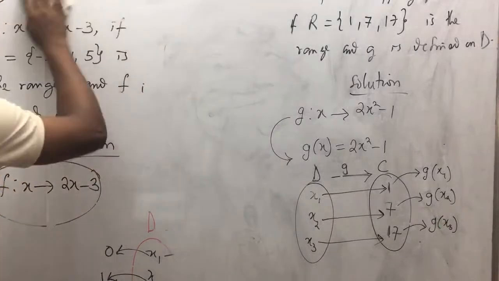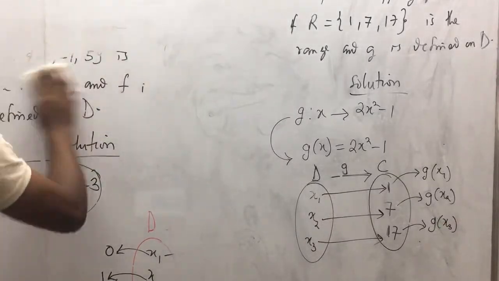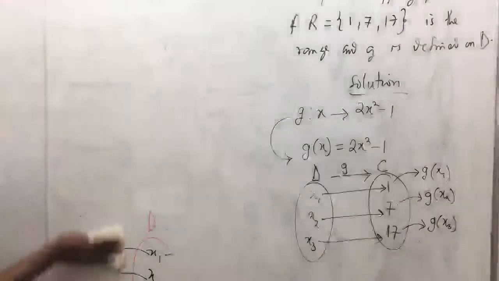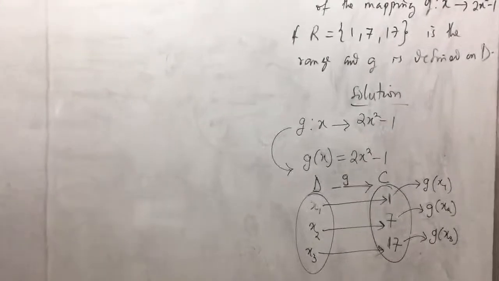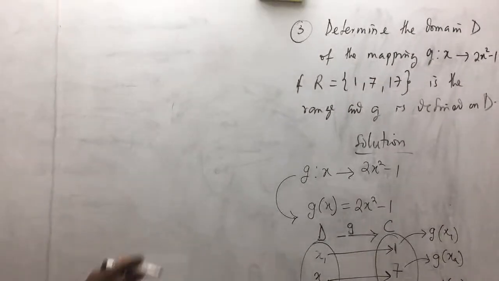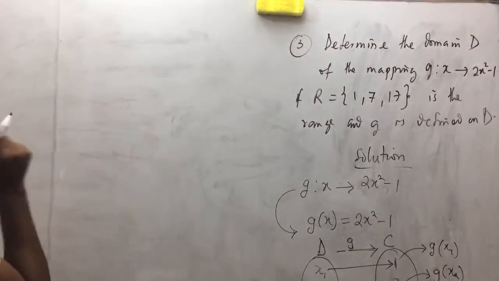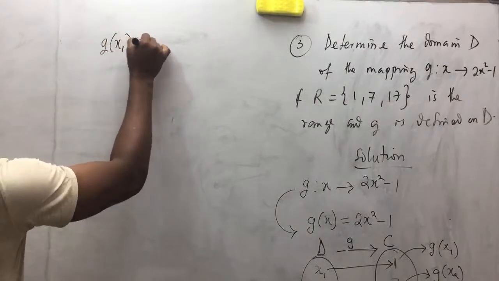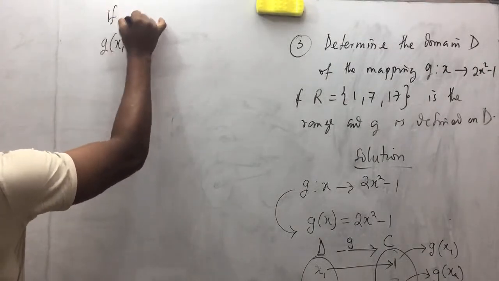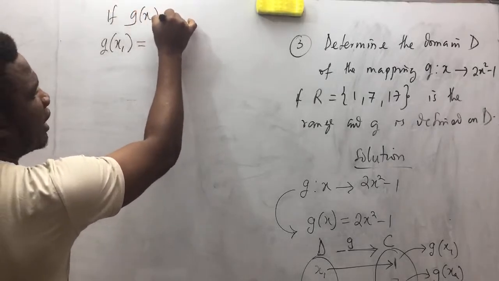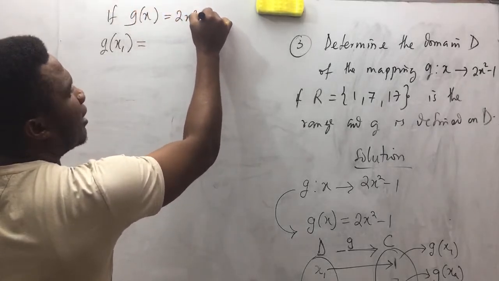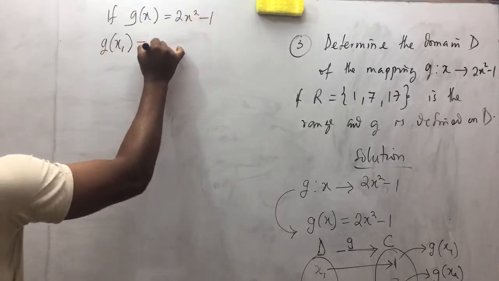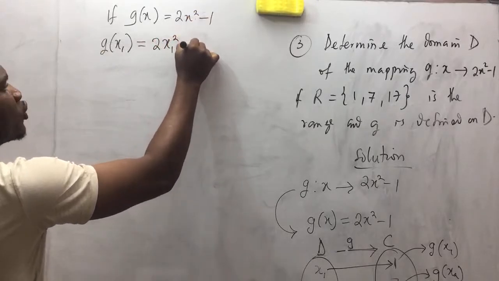Once I have done that, I would now proceed as follows. So what am I going to do next, guys? The next thing I'm going to do, if you can see what I'm saying clearly, is to come over here and start with g of x1. Now, if g of x is 2x squared minus 1, then g of x1 should be 2x1 squared minus 1.